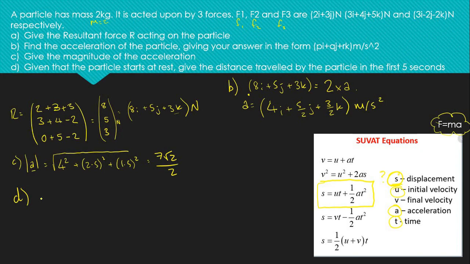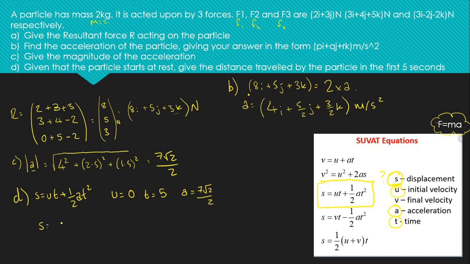So we've got s is going to equal ut plus 1/2 of at squared, where u, which is the initial velocity, is equal to 0, t is going to equal 5 because there are 5 seconds being used, and a is going to equal 7 root 2 over 2.